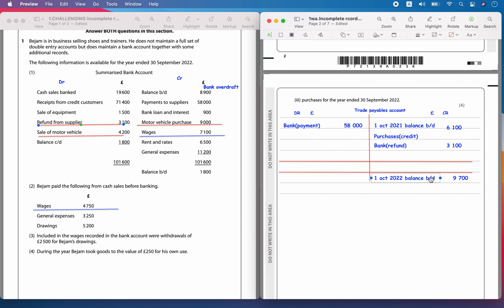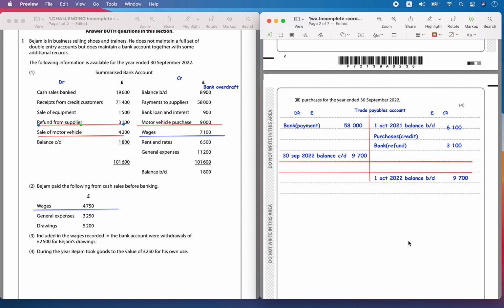Now let's calculate. On 30th September 2022, the balance carried down would have been the same as this 9,700. This also you have to account. So 58,000 plus 9,700.